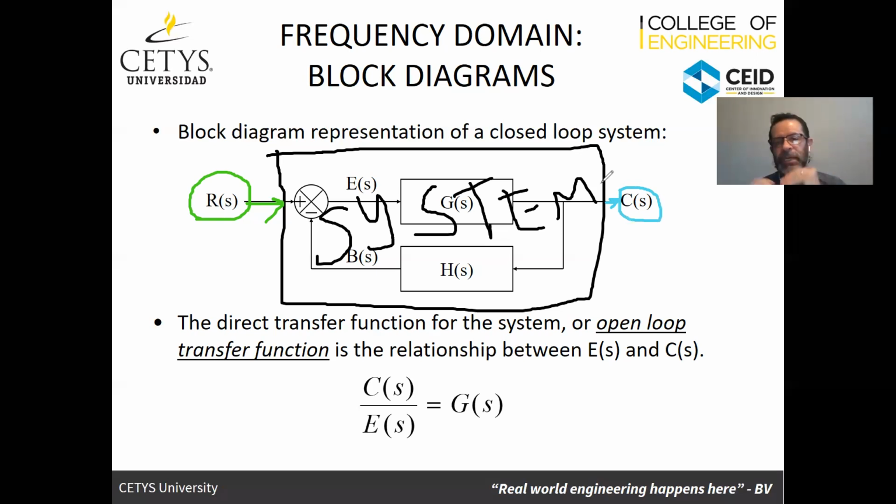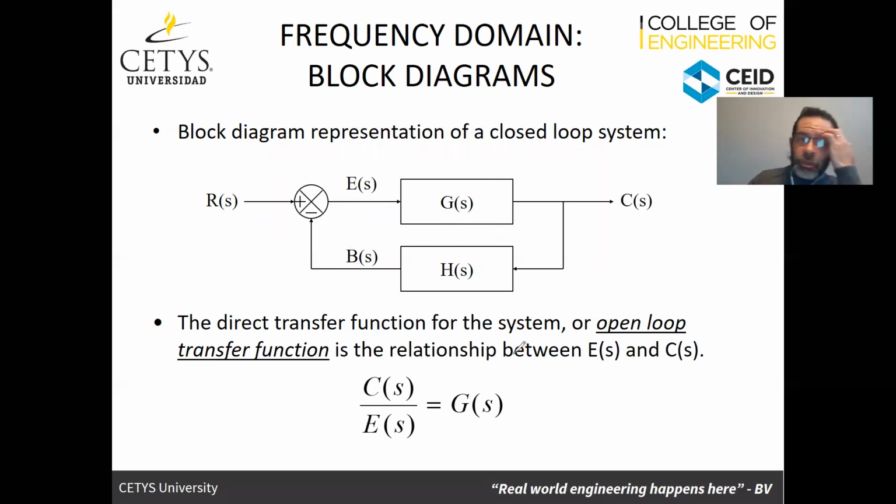And so the system is going to have an input and an output, and there's going to be things inside the system. Now, if we're talking about a closed loop system, remember that in a closed loop system, we have feedback. And the feedback isn't anything else than the output of the system being compared to a reference, and that information is used to control the system.